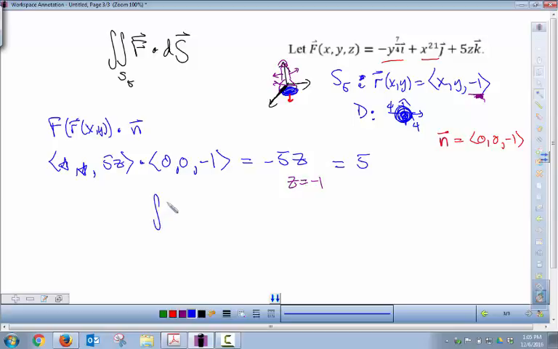So we get into our double integral over the domain D, and we have a 5 over here. And then our dS or dA now is going to be dependent on this circle. So take the 5 out, dA, 5 times the area of D. The area of D here is pi r squared, r is equal to 4.